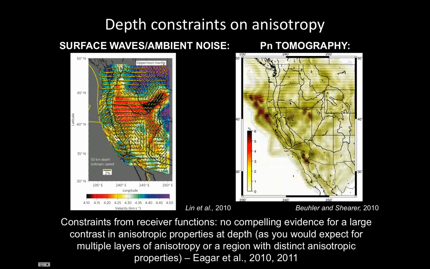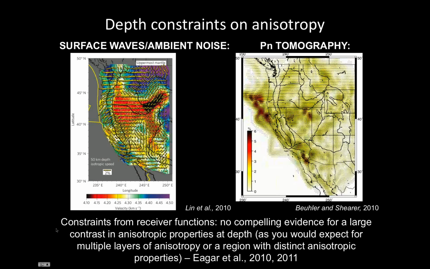If you look just at the very uppermost mantle, they don't see particularly strong anisotropy beneath the HLP, which is maybe an argument that the strong anisotropy that's giving us these spatial variations might be distributed throughout a greater depth range of the upper mantle.